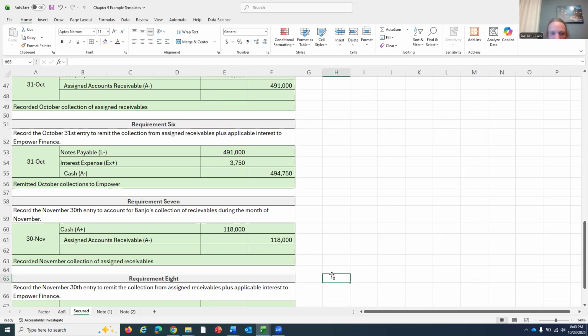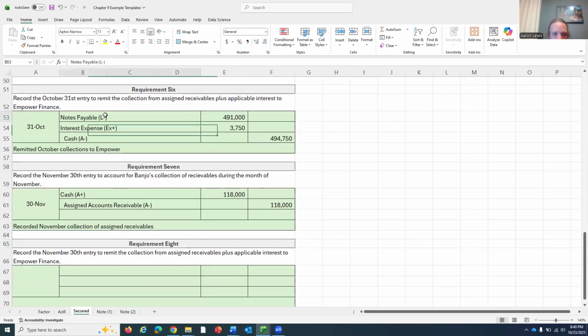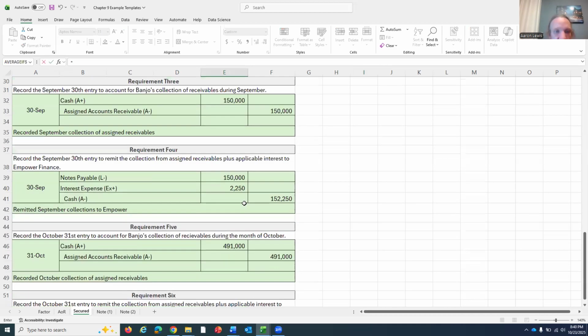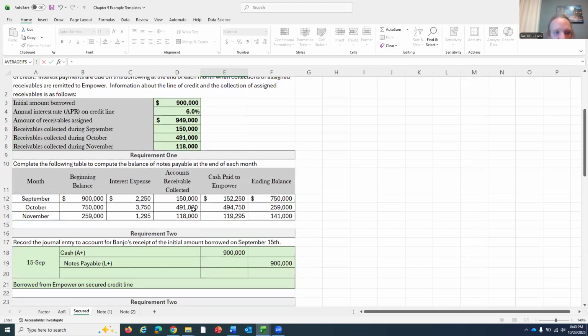In requirement number 8, one last time, we are going to transfer payments to Empower Finance for the receivables we collected on their behalf during the period, plus the applicable interest charge. And we're once again going to steal those numbers from the table that we had up on top. So we're going to have a debit to notes payable for the amount of principal we're paying off with the remitted payment of receivables, the 118,000.